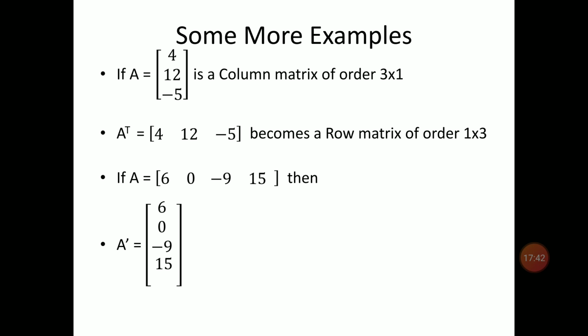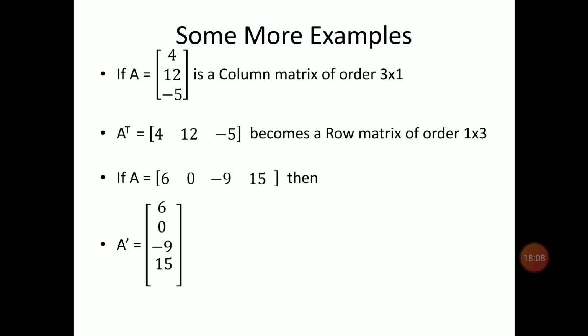Now consider an example where A is a column matrix. So A is a matrix with the elements 4, 12, -5. What happens in the case of transpose? Every column becomes a row. Here there is only one column, so in A transpose we are going to get one row.